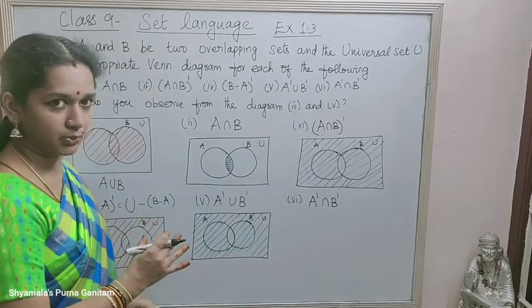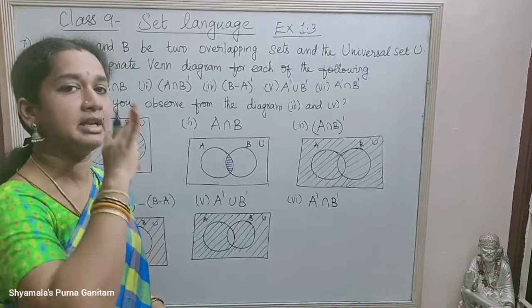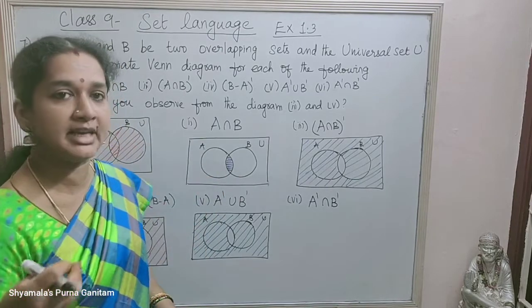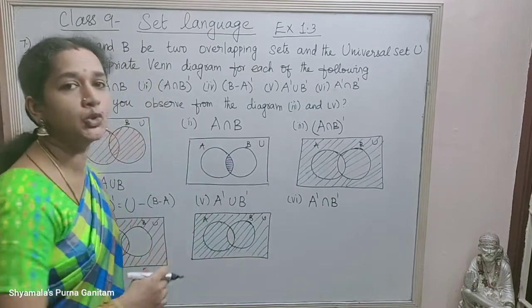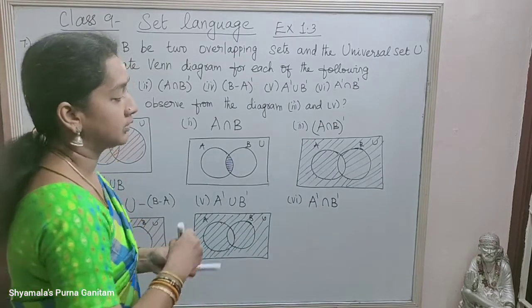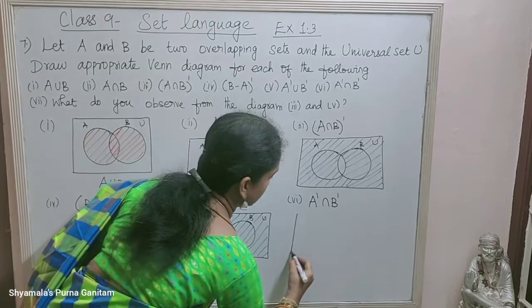So A dash is what? Only you will remove the elements of A, remaining you will write. Similarly, B dash also we will remove the B elements and we will write. So the common element will be the universal set. Only that universal set will be this set. That is A dash intersection B dash.